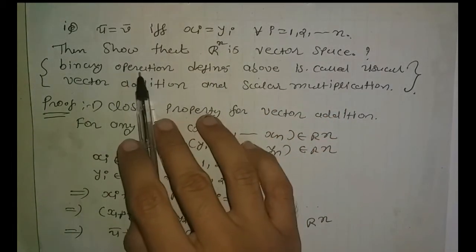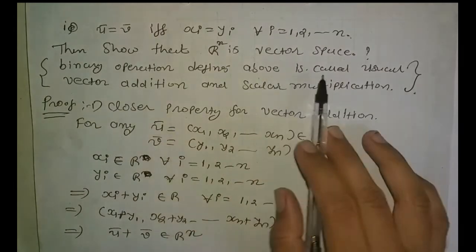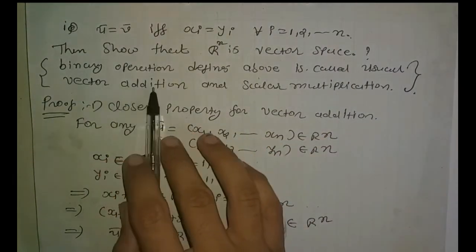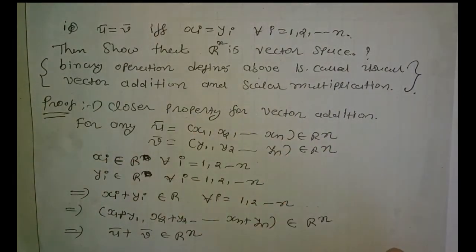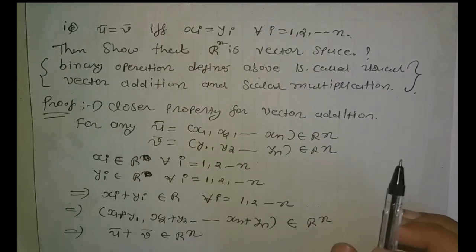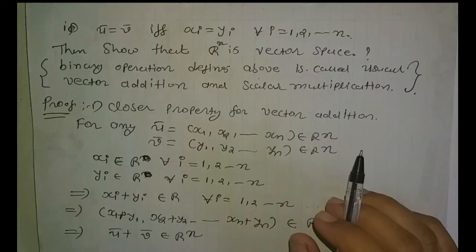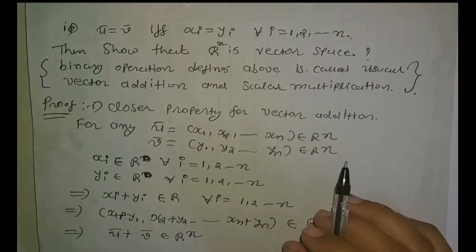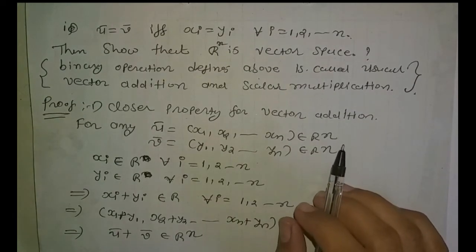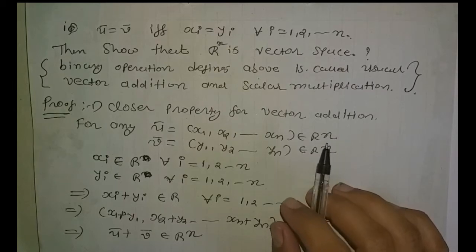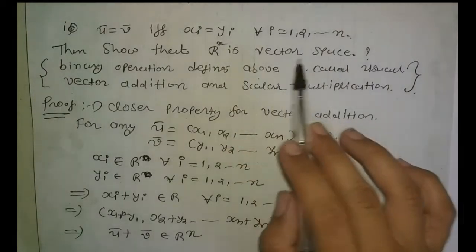The binary operation defined above is called usual vector addition and scalar multiplication. So we can say that Rn is a vector space with usual vector addition and scalar multiplication. So our aim is to prove Rn is a vector space.